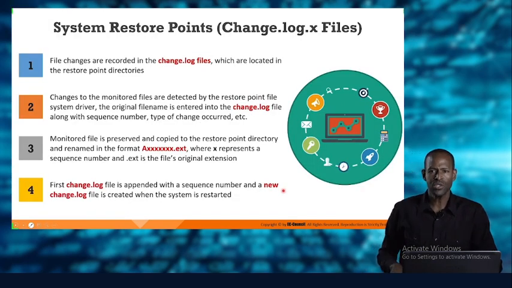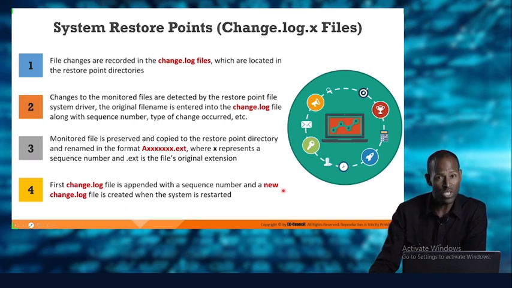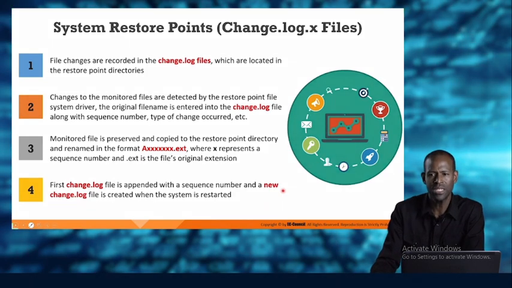Now, there's also another area in restore points called change.log.x. So these are changelog files, and these are in restore point directories. They are monitoring all the files that are detected by the restore point system driver.